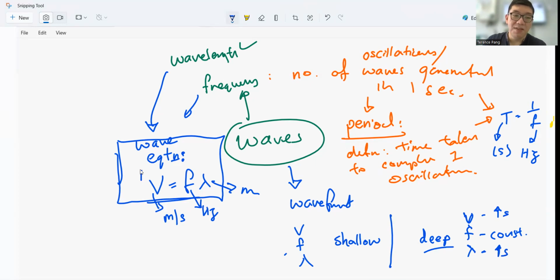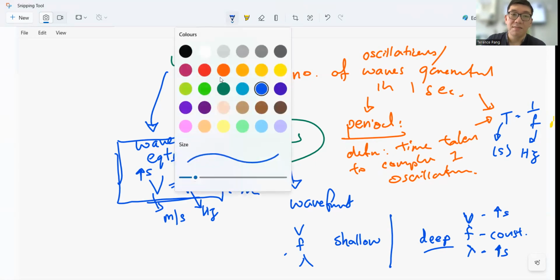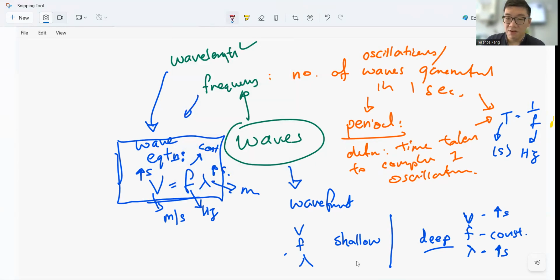Because if you increase your speed and your F is a constant, your lambda should increase. Okay, then you're expected to also draw your wavefronts. So you could just draw it here. If your lambda is bigger now, so let's draw lambda wider, and then draw smaller lambdas here. It should pass through. And this will be the boundary.